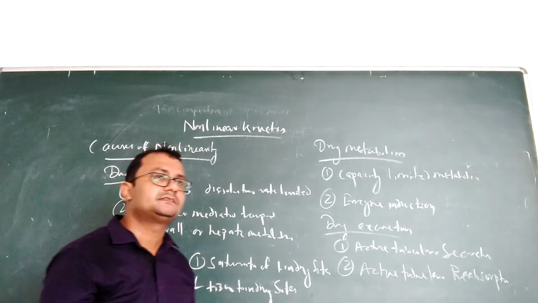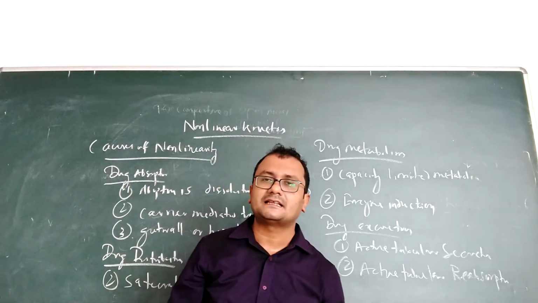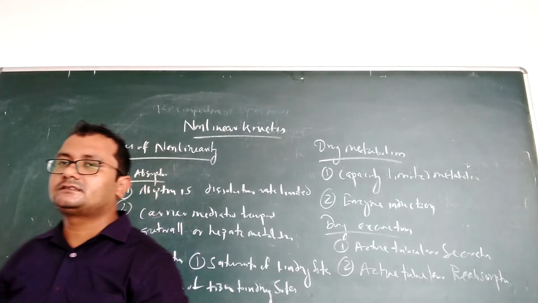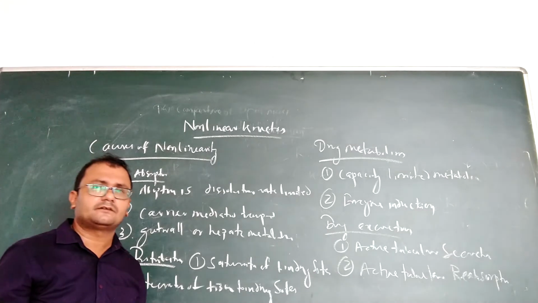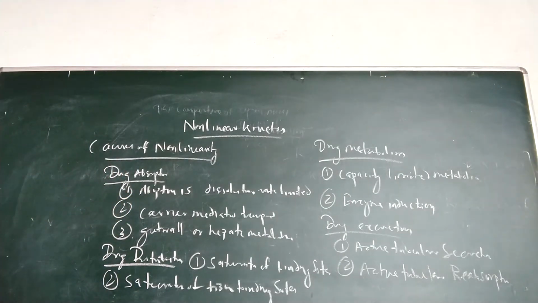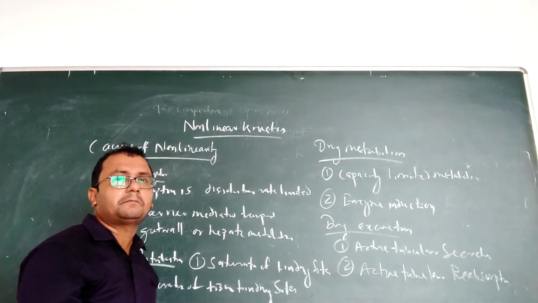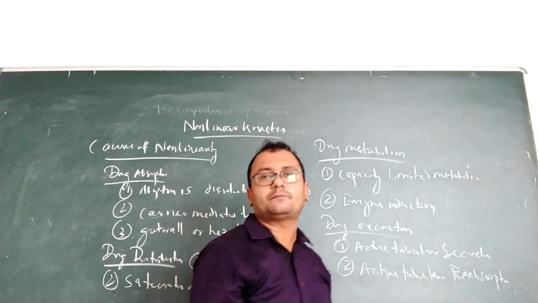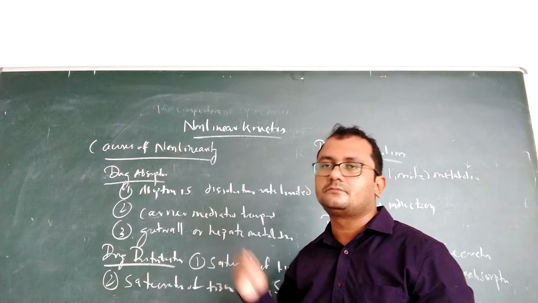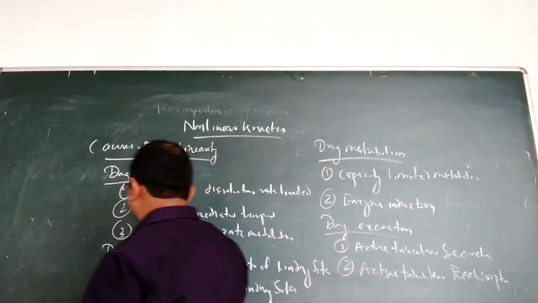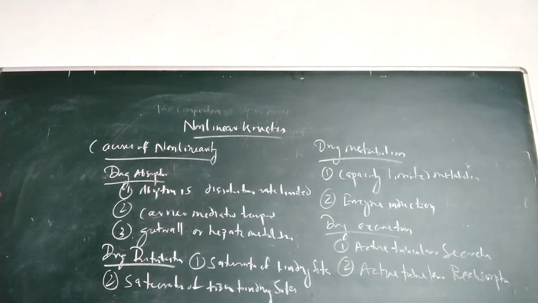Already I told you in distribution, there are different proteins in the plasma to which drugs bind, like albumin, globulin and other proteins. Once saturation occurs, for example with phenylbutazone and naproxen, which have a limited number of binding sites, once they are bound to those sites, further drug will not bind until it is distributed.